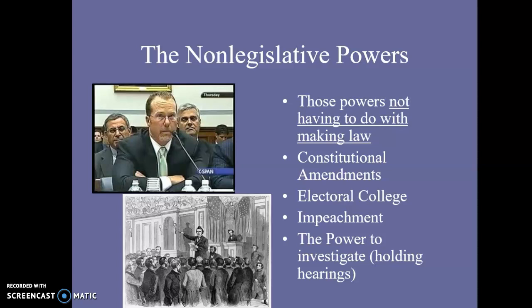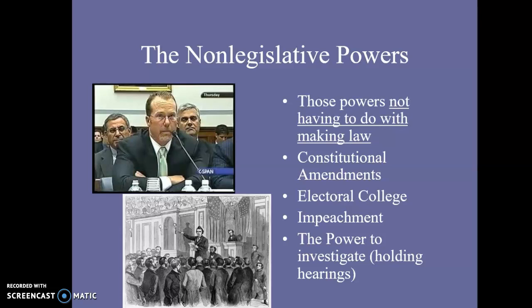Please take a note of the quiz again for this week, and in summation, some of the broad themes we've talked about today: the express powers of Congress, so specifically listed in the Constitution; the implied powers of Congress, which are not specifically written but are necessary and proper for the effective functioning of government.